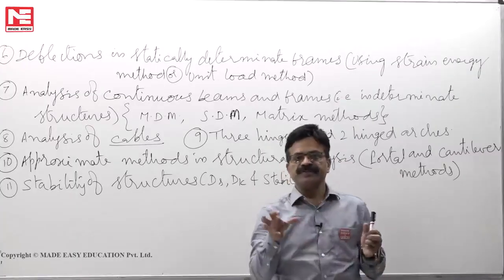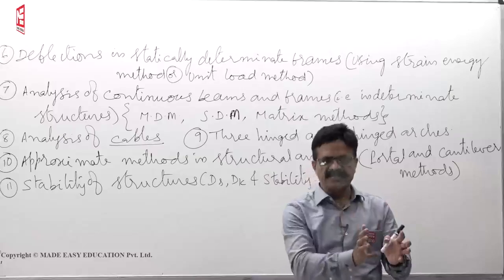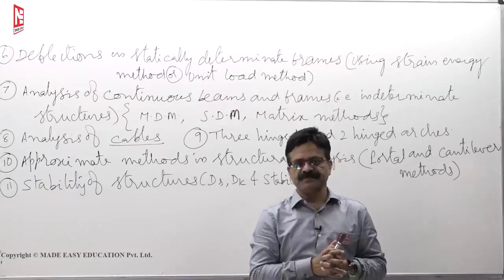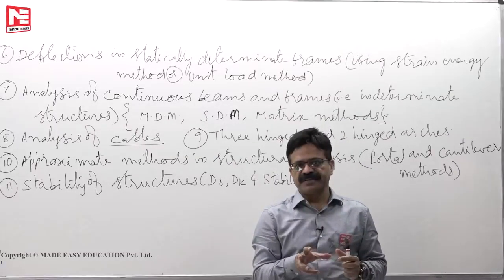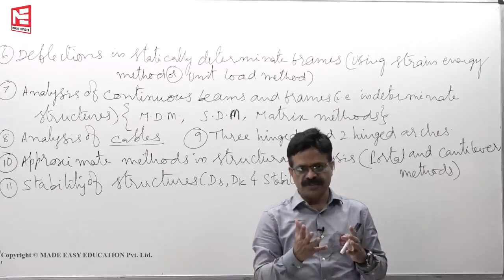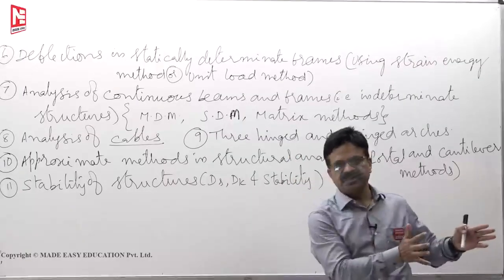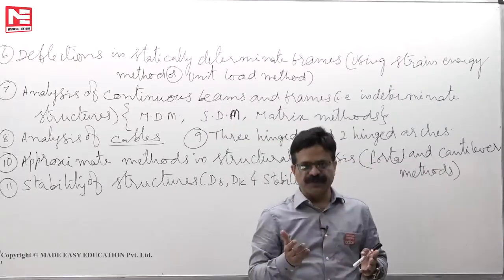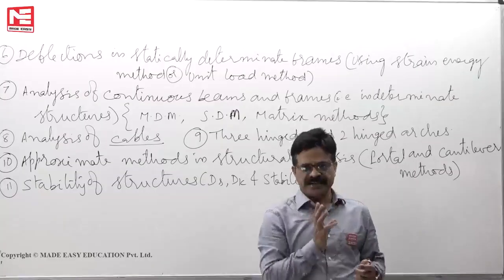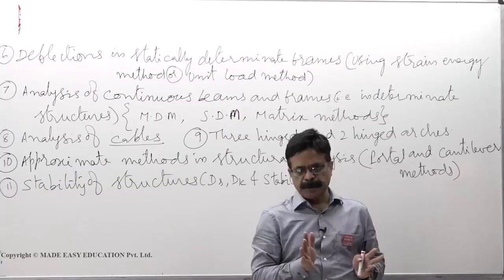Stability of structures, you will study what are the conditions necessary to make a structure in stable condition. The meaning of stability of a structure means, without applying any force, or even if you apply a force, if the structure undergoes rigid body translation or rigid body rotation, we call it a mechanism. Mechanism or unstable both mean the same.